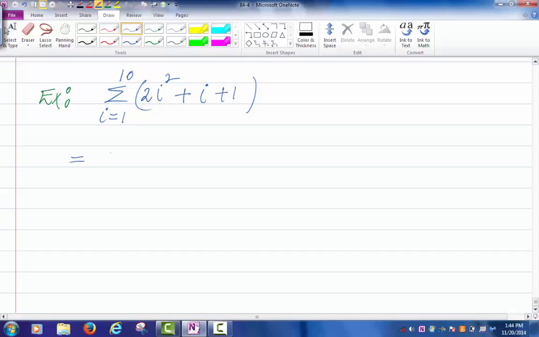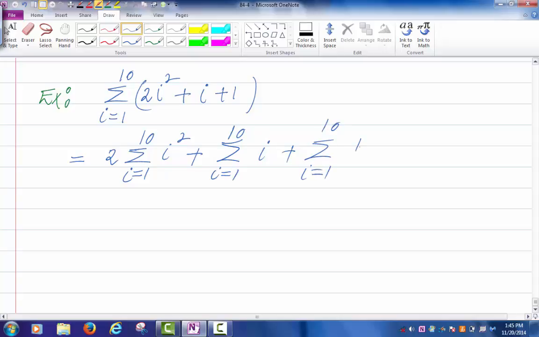Let's apply the formulas. So remember, there are two properties of this summation notation, and if I apply them, I get that this is 2 times the sum i going from 1 up to 10 of i squared plus the sum i going from 1 up to 10 of i plus the sum i going from 1 up to 10 of 1.